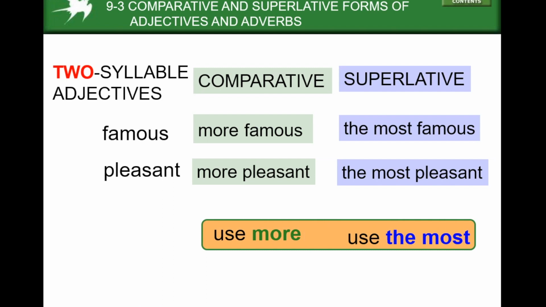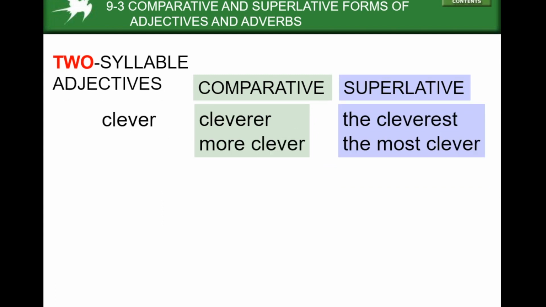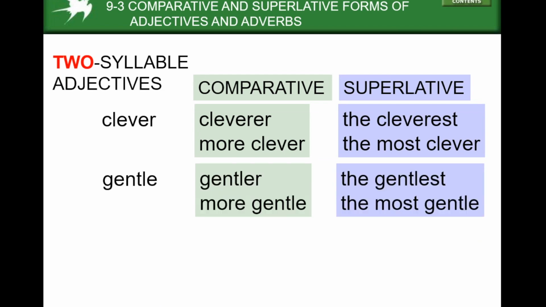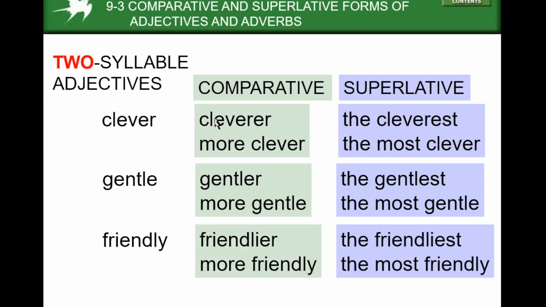However, some two-syllable adjectives use either er, est, or more, most. Here are some examples. Clever, cleverer, the cleverest. Clever, more clever, the most clever.